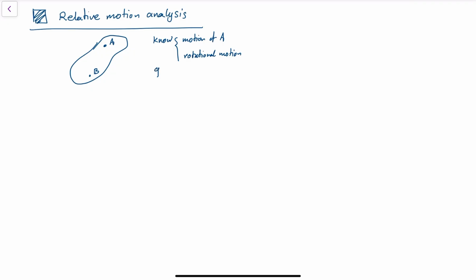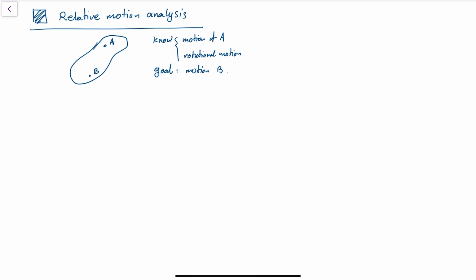And our goal is to find motion of B, or kinematics of B. It is a very general setting. You can mix and match different information. For instance, the problem you're dealing with, you may know motion of A and motion of B. You want to find angular motion or any combination of them.